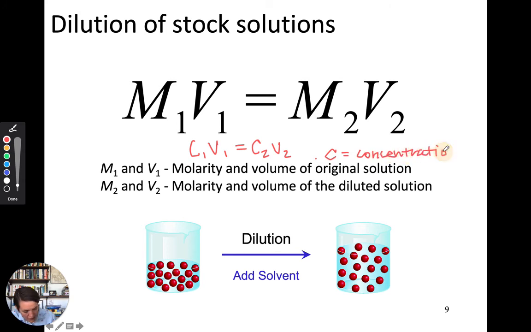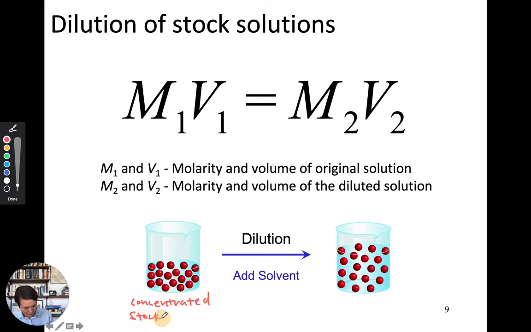These are the exact same formula, only we're interested in the concentration in molarity, because we're in a chemistry class. Yay! So here we have a concentrated stock solution. We dilute it, and this would be our working concentration.